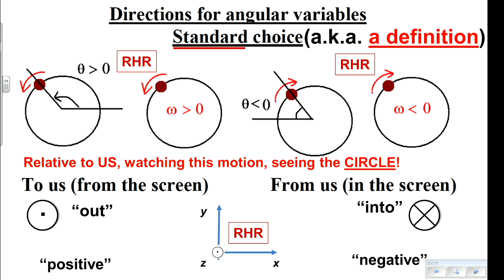And now, counterclockwise means positive, and clockwise means negative. One of the reasons for that is that in general, to describe a motion of any object, we should use 3 different coordinates, 3 axes: x, y, and z.